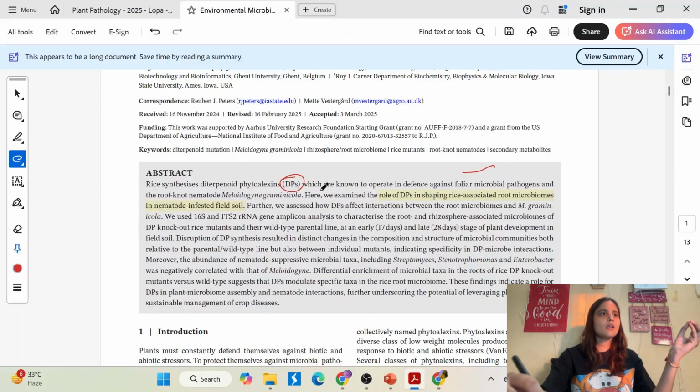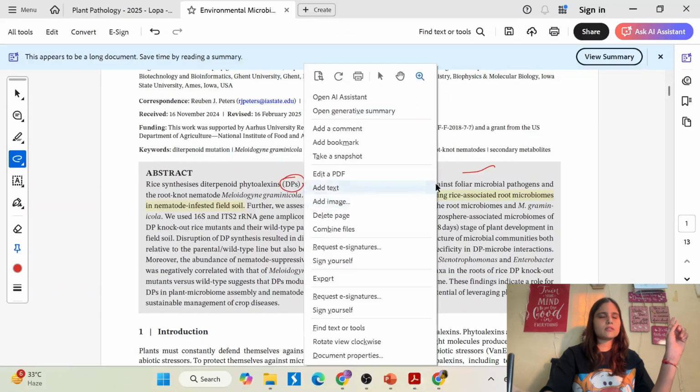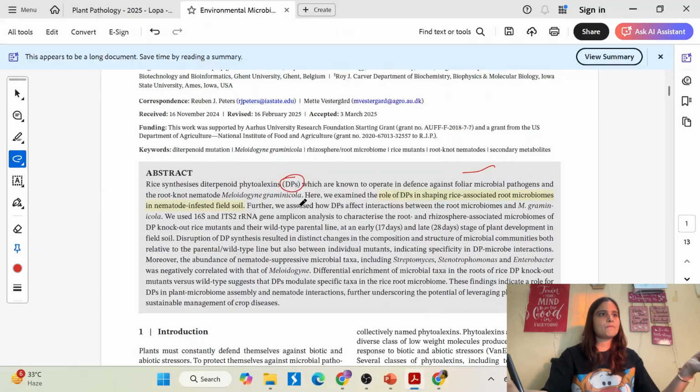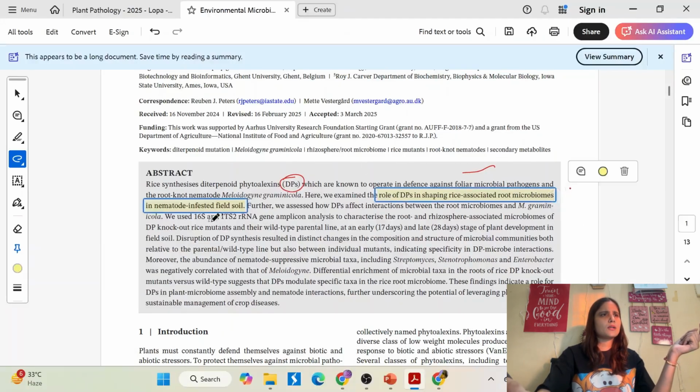Okay, and the root knot nematode, that is Meloidogyne. Okay, so Meloidogyne is a root knot nematode which they have used as a phytopathogen for the study. Okay, so they have studied the role of DP in shaping rice associated root microbiome in nematode infested field soil.